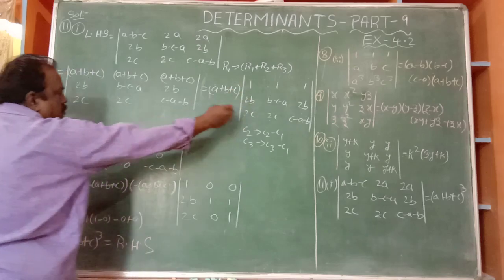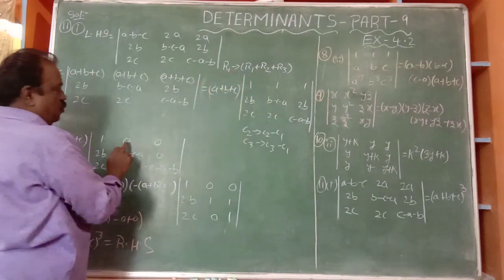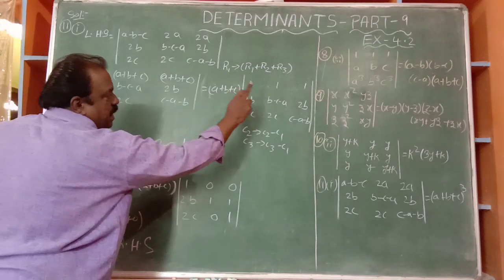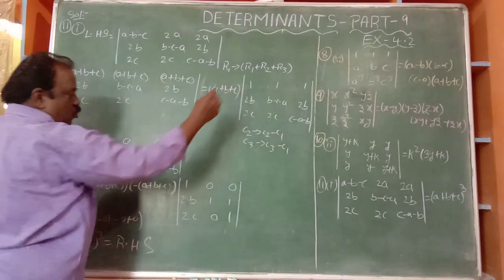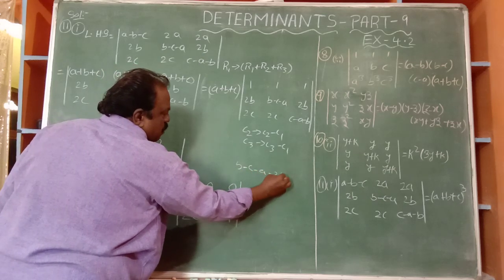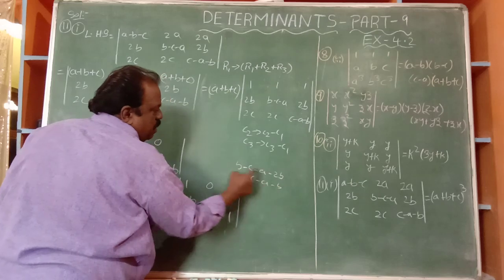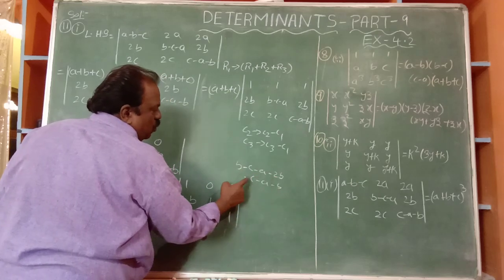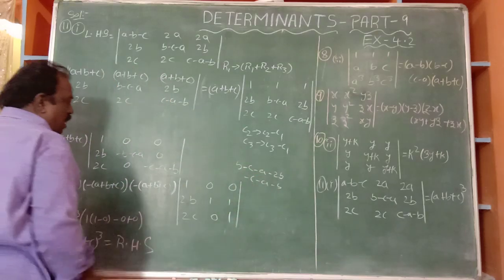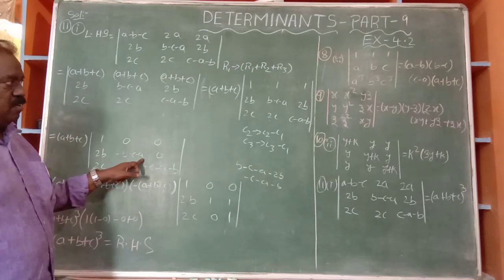Column 1 is as it is: 1, 2b, 2c. 1 minus 1 is 0. Then b minus c minus a minus 2b is minus c minus a, and b minus 2b means minus b. So there is a minus as common: minus b, minus c, minus a.